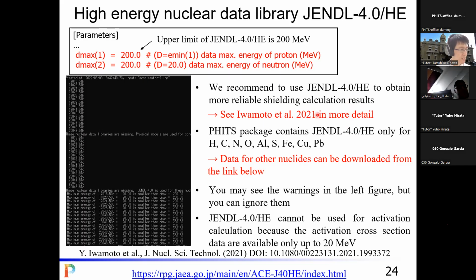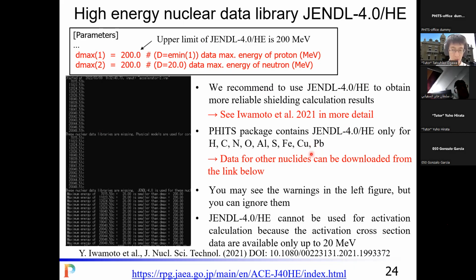Some details on this cross-section data library are provided in a paper, this one, in the Journal of Nuclear Science and Technology. And by default, the PHITS package contains JENDL-4 high energy cross-section data for these limited nuclei.